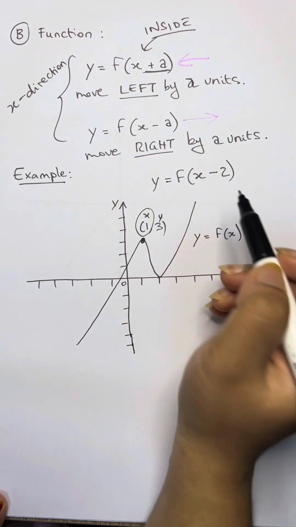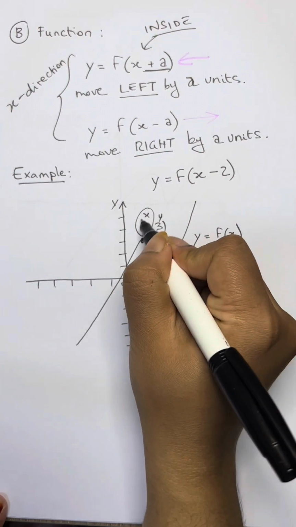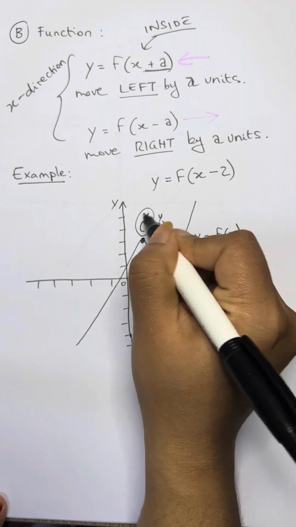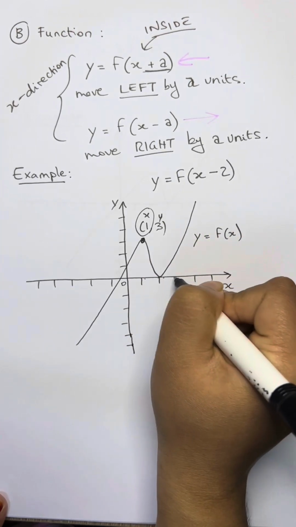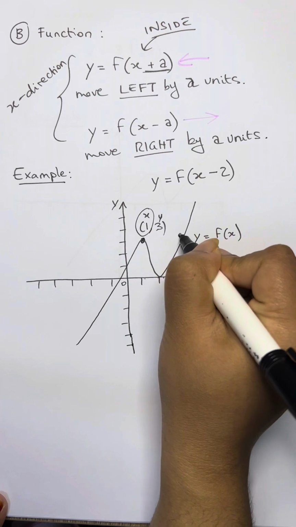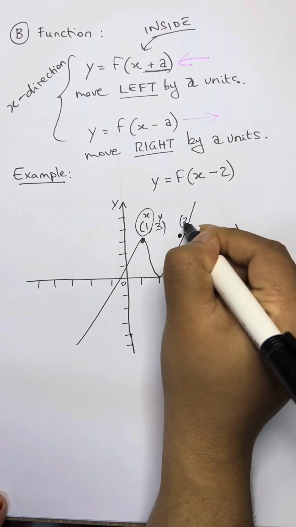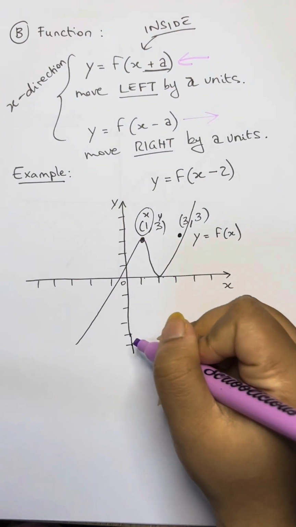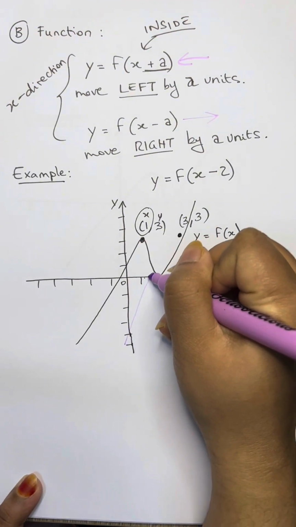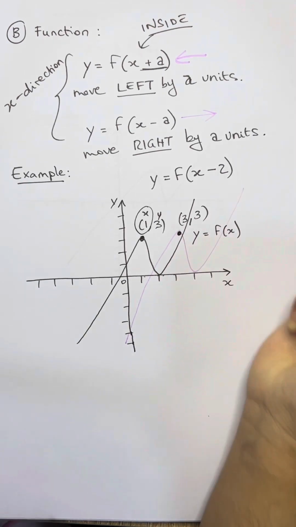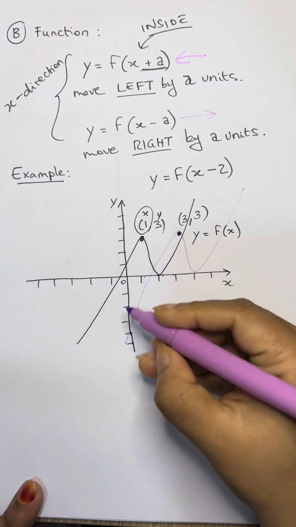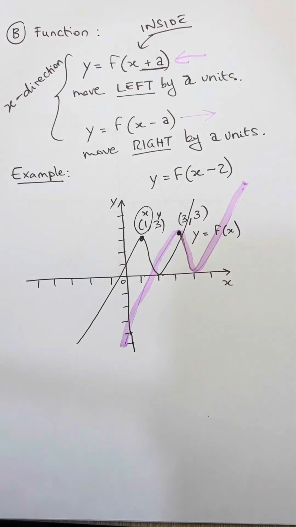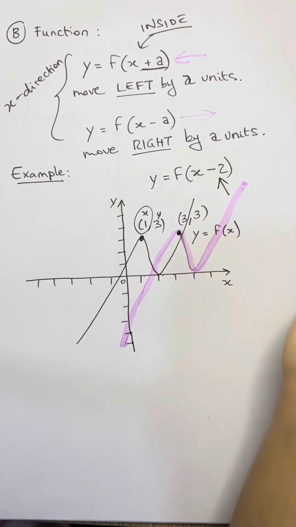I know that the coordinate here is 1, so if I move by 2 units, that's going to be 3. And my y value doesn't change. So the new coordinate is 3 and 3. And because I'm looking at this one particularly, it's going to be like this. And that's my y equals f of x minus 2.